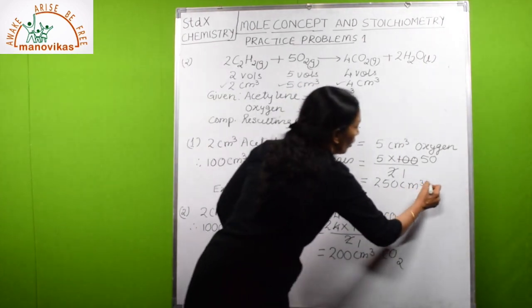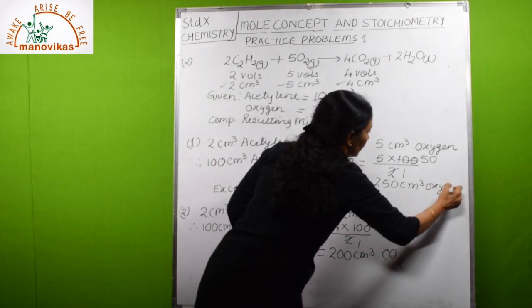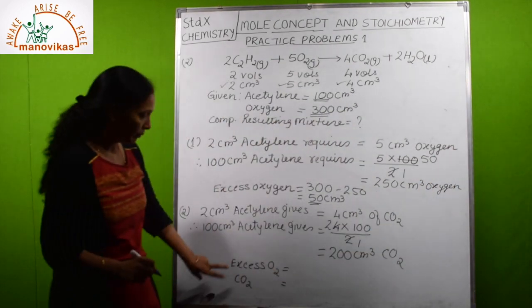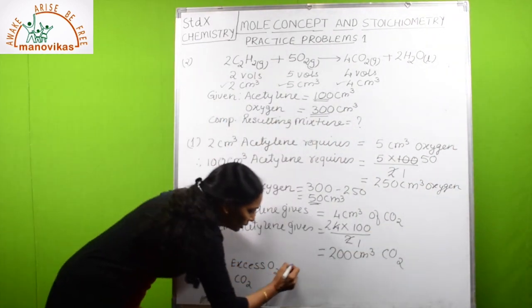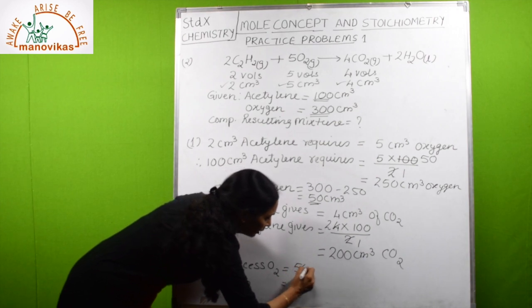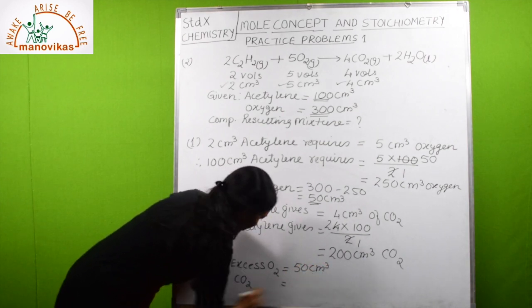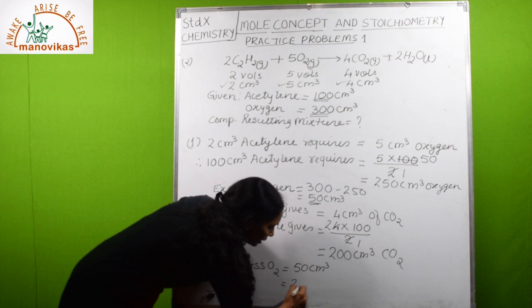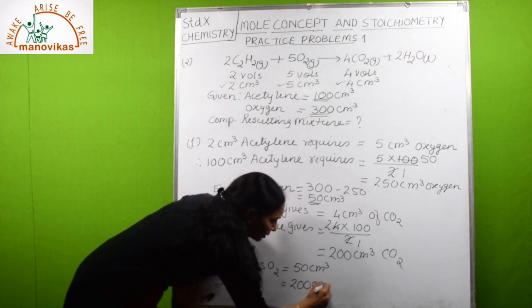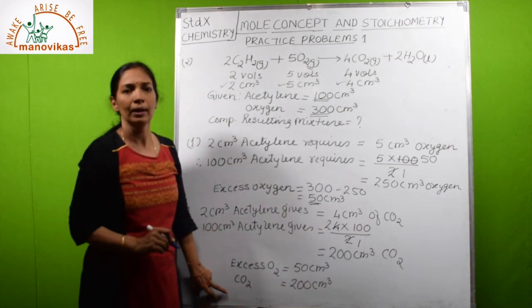So what is the answer? Excess oxygen is 50 cubic centimeter and carbon dioxide produced is 200 cubic centimeter. So this will be the answer.